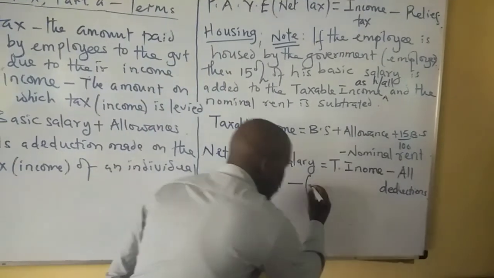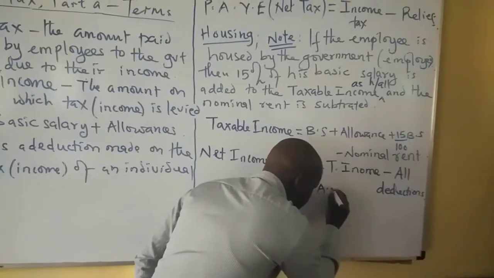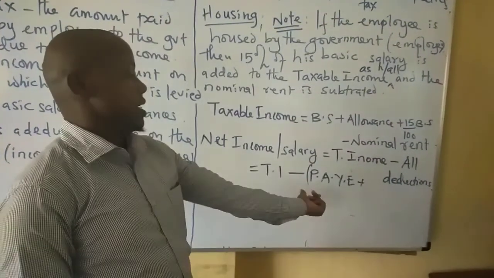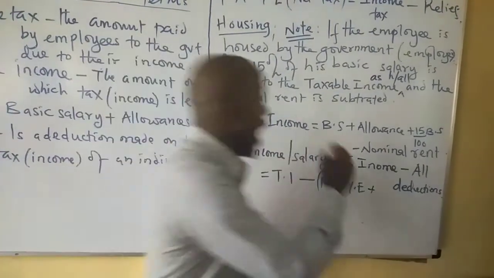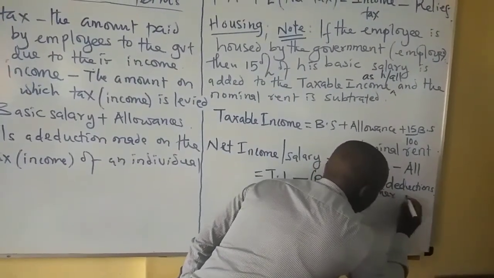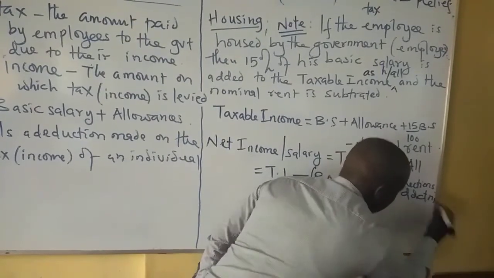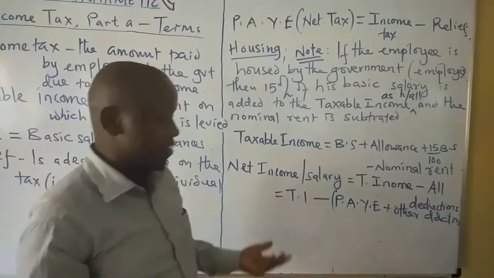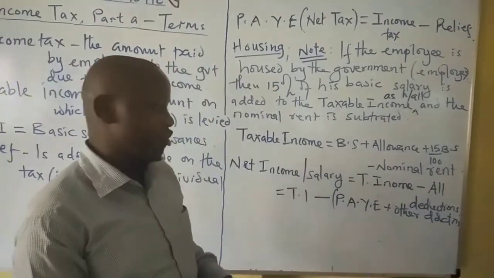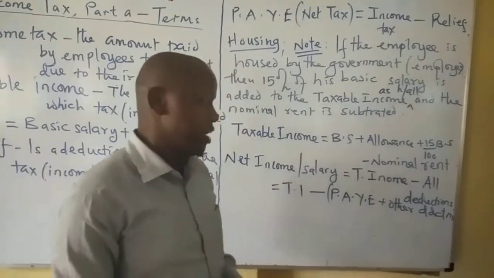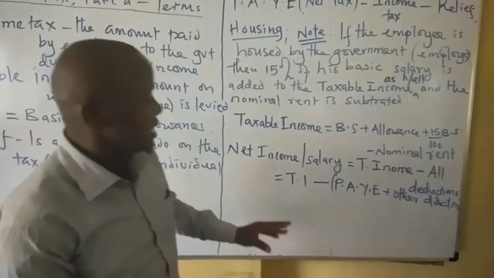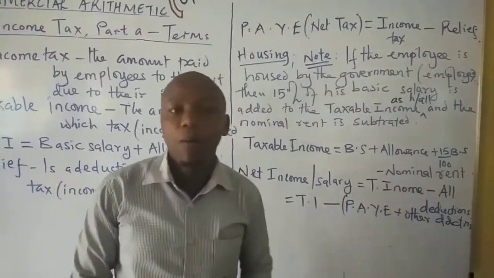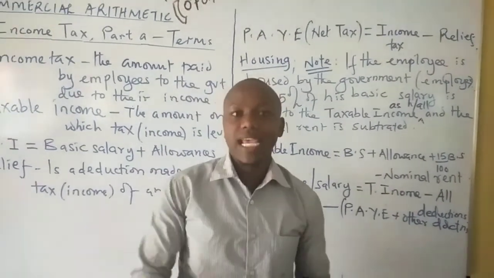The first deduction is payee, which is deducted by the government itself. Then we can have other deductions, which will include transport bills, medical bills, and paying premiums to given insurance companies.